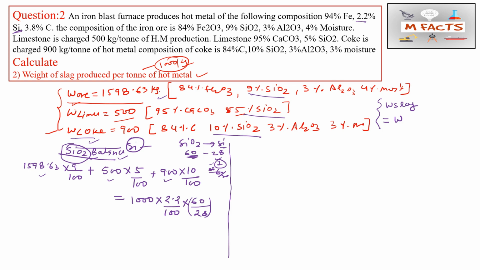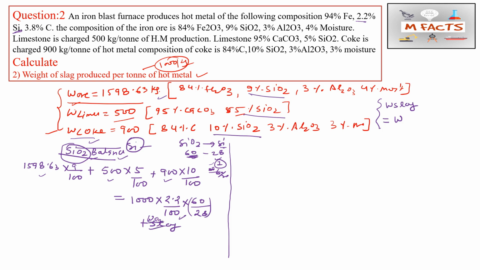And this is only 2.2% which went into the hot metal, and the rest will go into the slag part. In blast furnace gas there will be no silicon content, so the rest of the SiO2 will be in the slag part.